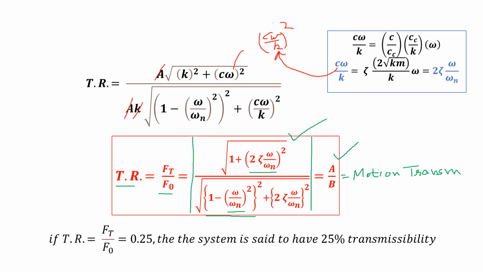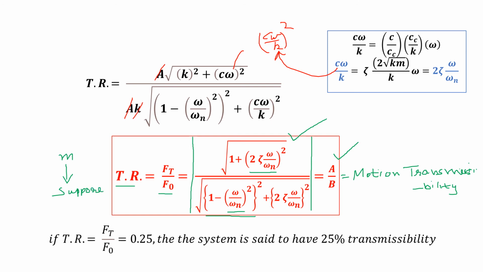So the relations for both force and motion transmissibility are numerically the same, but the problem is that in force transmissibility, the mass is transmitting force to the support.